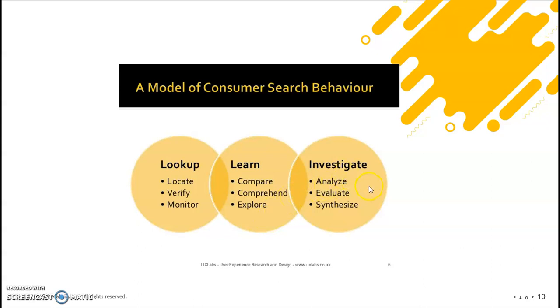And investigate, which is to analyze, evaluate, and synthesize the product. So from this model, the consumer can alter their taste. This model will influence the consumer's search decisions, and they will choose to buy or to reject the product based on this model.